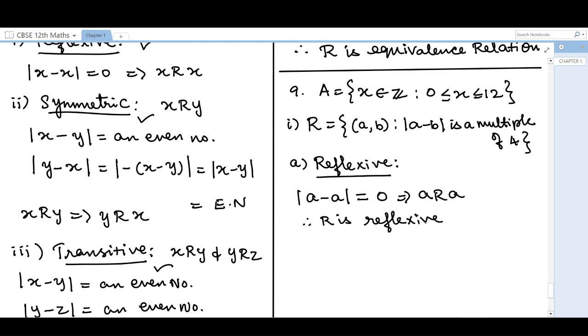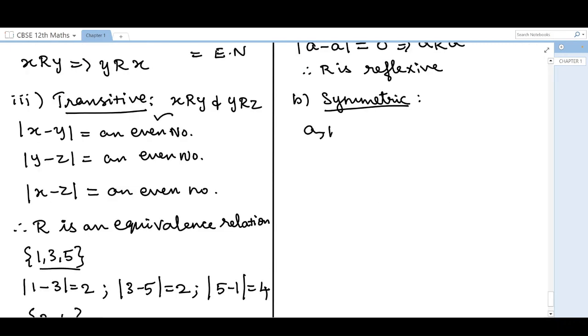The next property is symmetric. If you take two elements a and b from the set A such that a is related to b, which implies the absolute value of the difference a minus b is a multiple of 4, that is 4 into some integer, say z. Then we have to prove b is related to a, that is the absolute value of the difference b minus a is equal to some multiple of 4, right?